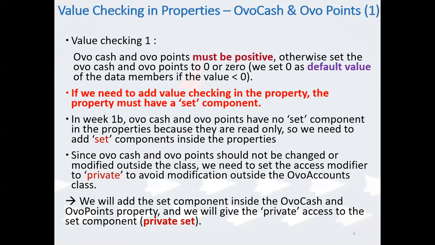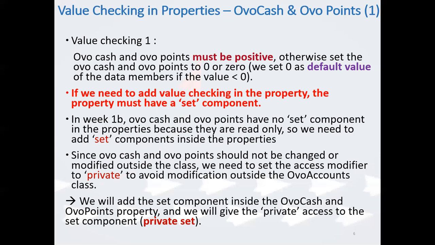Now, in week 1b, account cash and account points have no set components in the properties because they are read-only. So we need to add set components inside the properties. However, if we put set components inside the properties, it by default makes the properties changeable or writable outside the class.